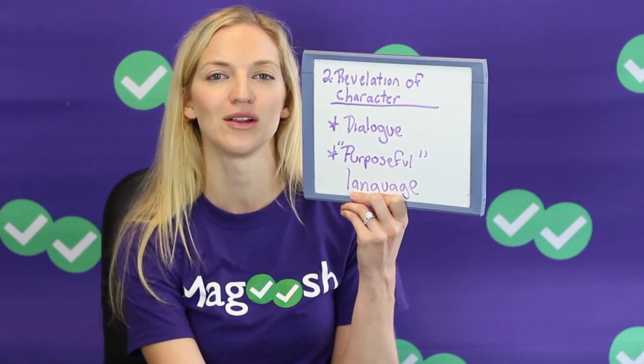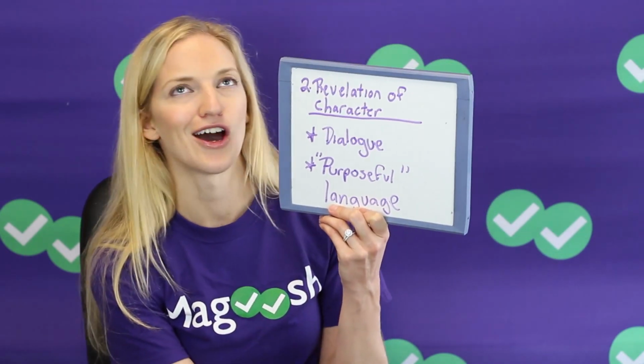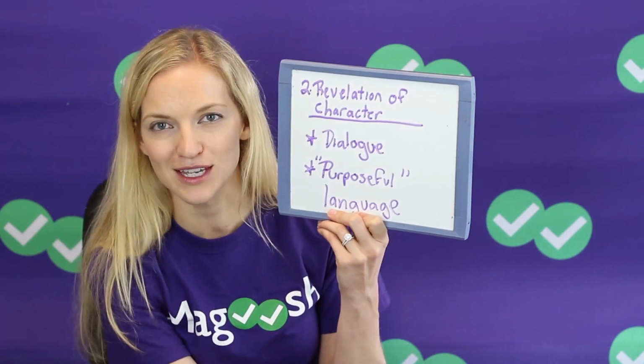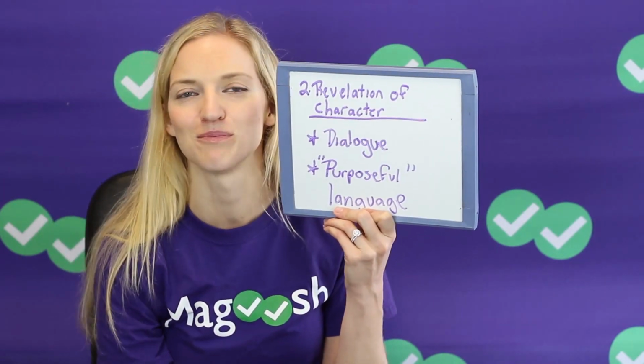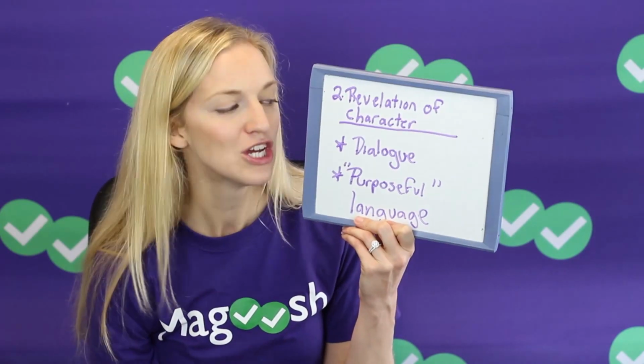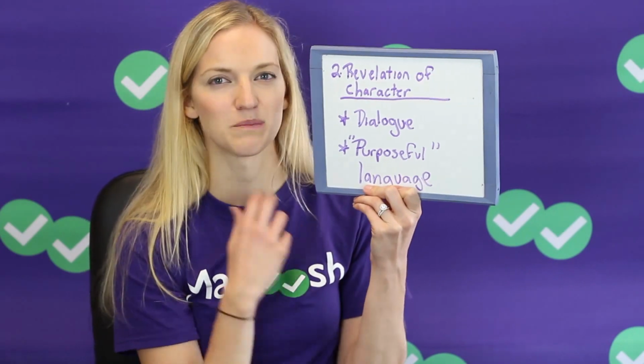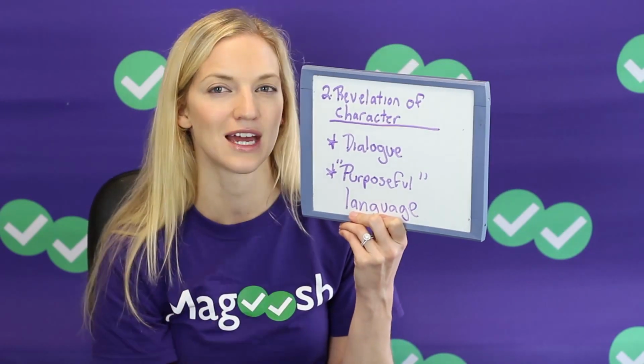As you probably know, a lot of times in a fiction passage, the author may not necessarily come out and say Tom was a wise person, but you'll know that he's a wise person by the types of things he says. Or Susie was a naive girl, but you'll know that she's kind of naive and innocent by the things she says. So pay really close attention to the stuff in quotes, to the dialogue.